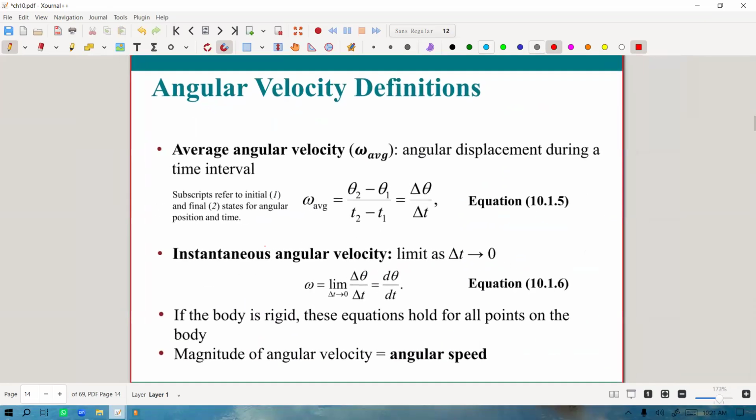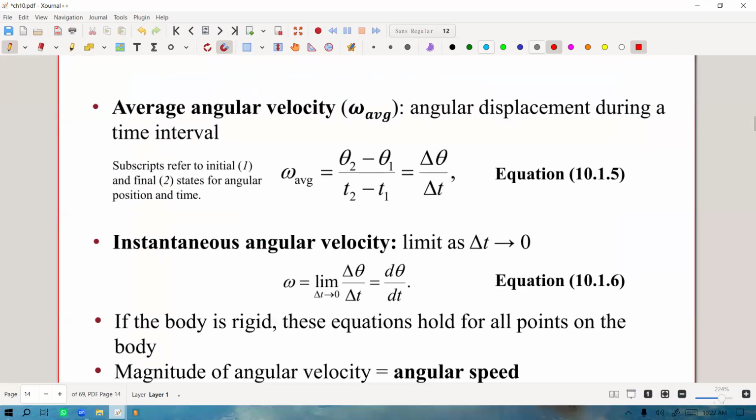Okay, here are the angular velocity definitions. Average angular velocity, or omega average, is the angular displacement during a time interval. So omega average is delta theta divided by delta t. Delta theta means theta final minus theta initial, divided by the time interval, t2 minus t1.